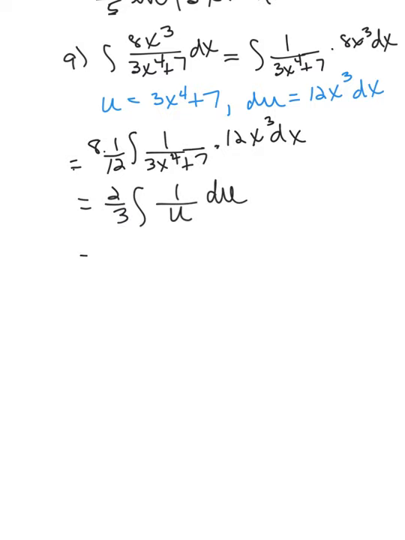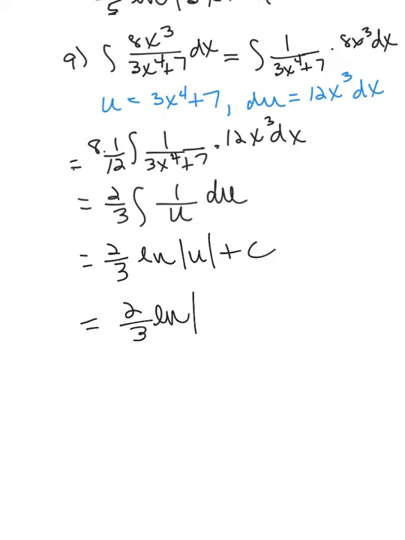We're going to keep our coefficient of 2/3. The integral of 1 over u is the natural log of the absolute value of u plus c. Replace the u with what it was originally, so you have 2/3 natural log the absolute value of 3x to the 4th plus 7 plus c.